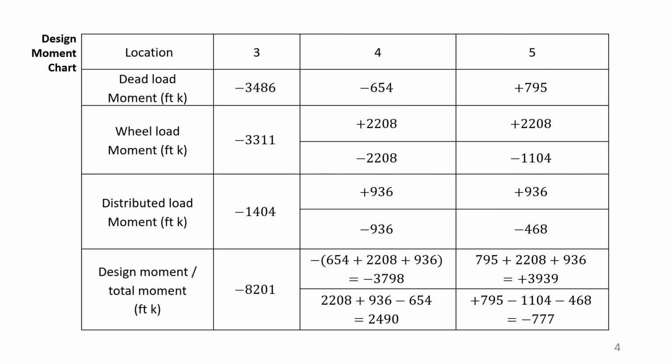When the wheel load gives us a value of 1104 and the distributed load gives us a value of 468, to get the maximum minus moment at this point, we have to deduct this 795 positive moment, because it will always be present there. Once the bridge is constructed, this moment will be there always.